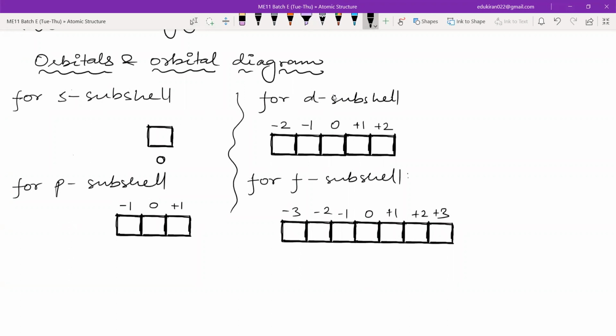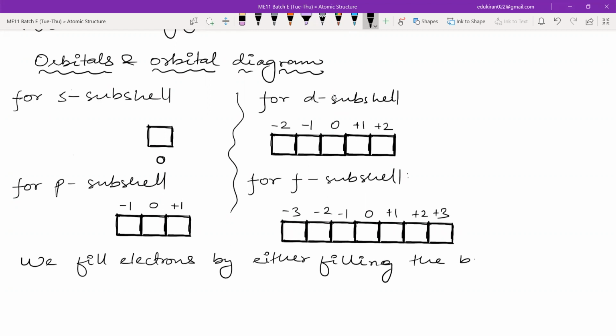Now, in this subshell, we fill orbitals with electrons. Okay, filling of electrons. We fill electrons by either filling the boxes. The boxes, what does it mean? That is orbital.